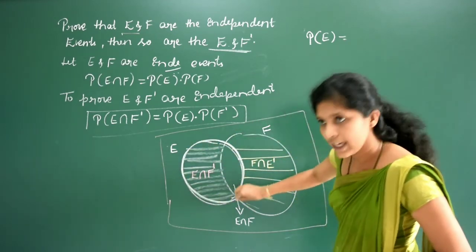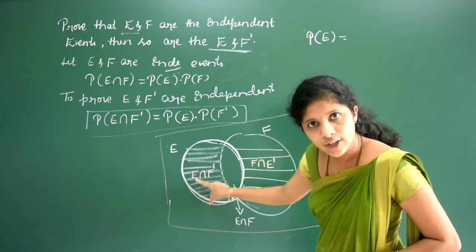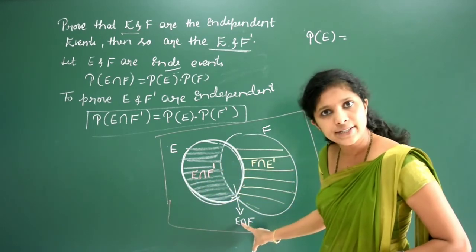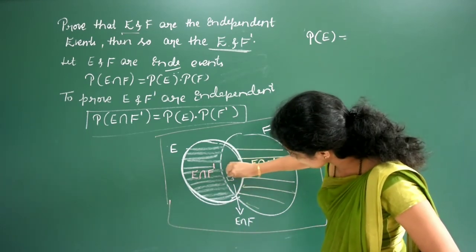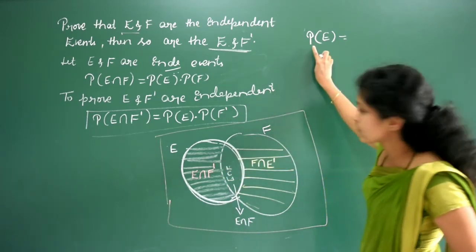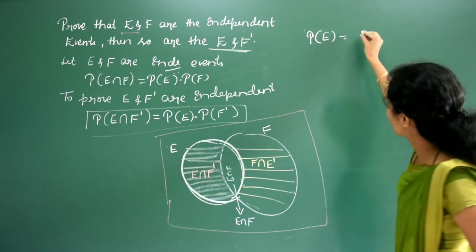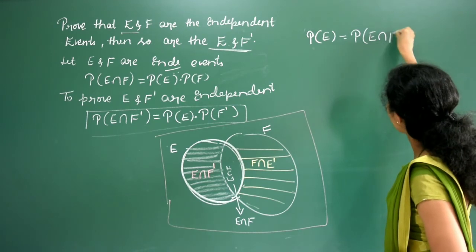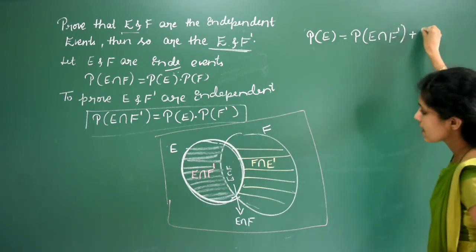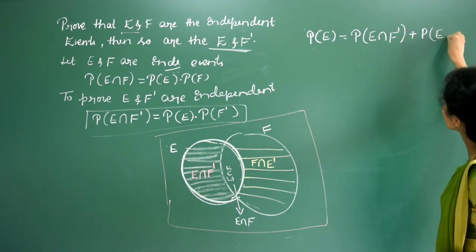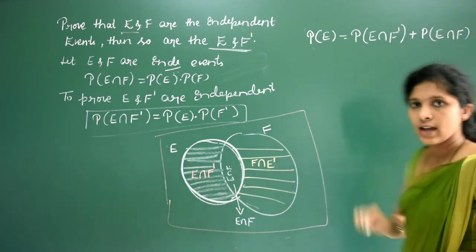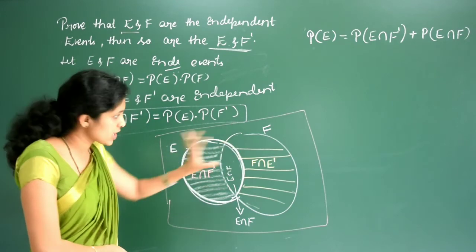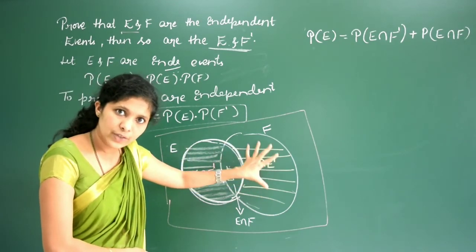So P of E can be written as P of E intersection F dash plus P of E intersection F. Right, now this is E intersection F. So by using this we can write P of E is equal to P of E intersection F dash plus P of E intersection F. Is it clear? I hope you understood this. See, this is the E intersection with F dash, and this is the F intersection with E dash.